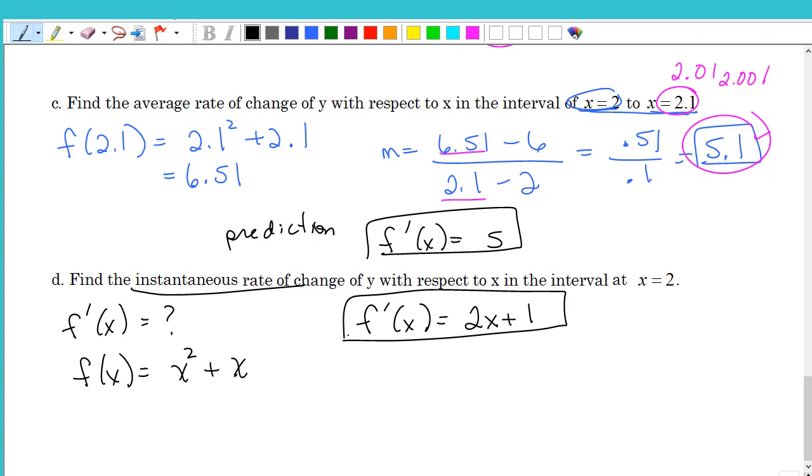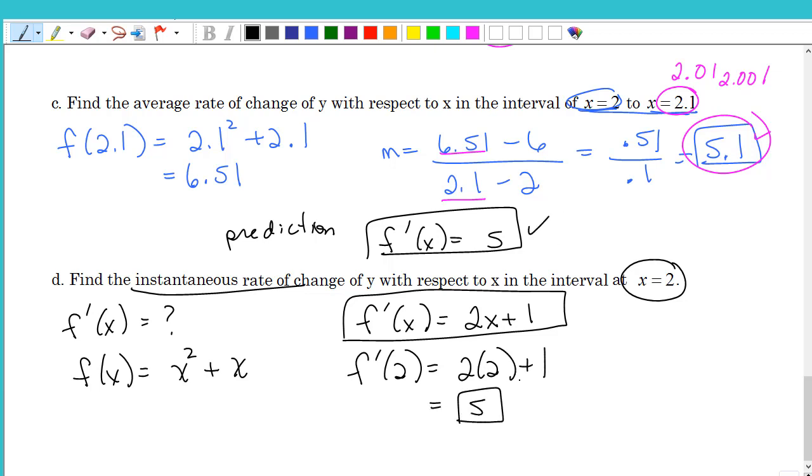We've got the derivative. And now we want to know, what is that derivative evaluated at 2? And sure enough, I get 5. So that matches my prediction, and hopefully you're understanding how that average rate of change goes to instantaneous by taking the limit as that denominator gets closer and closer to 0.